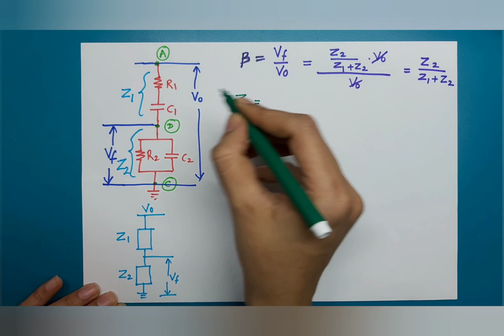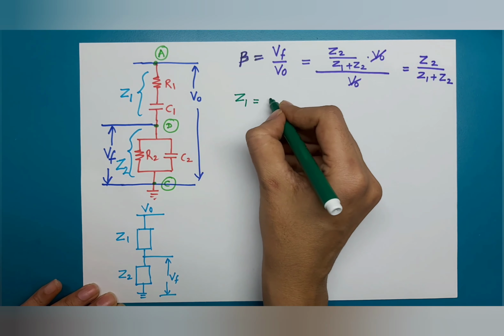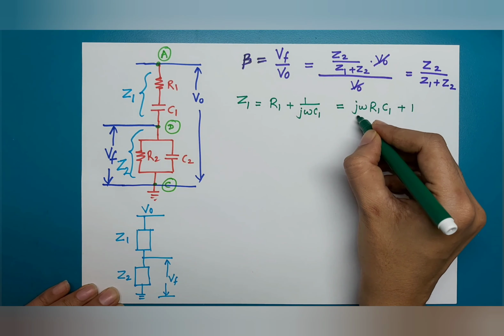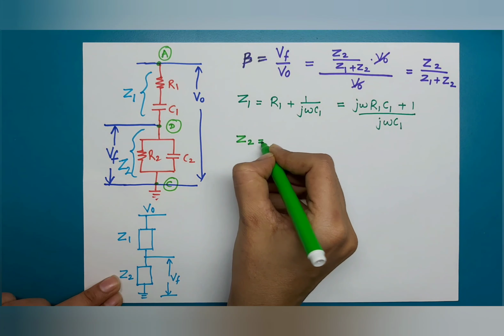Z1 is the series combination of R1 C1. So writing the expression for this impedance, it will be R1 plus 1 upon j omega C1, that is, j omega R1 C1 plus 1, the whole thing upon j omega C1. Z2 is the parallel combination of R2 and C2.